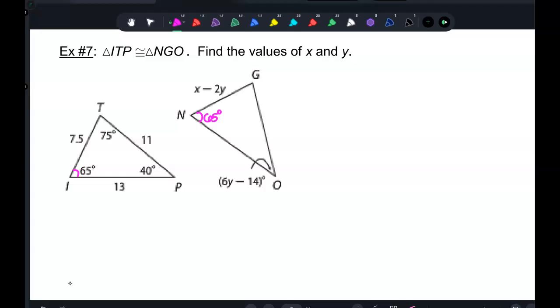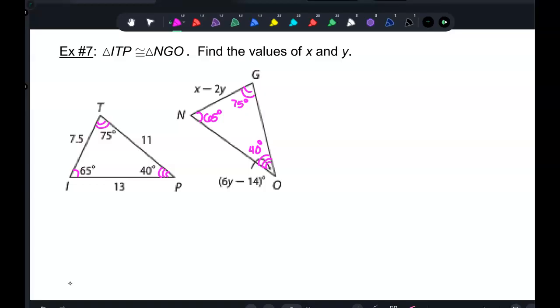Okay, T is 75, which has to match with G. So that's 75. And then angle P matches with, oh, so this is also 40 degrees. Wait, N is 65, right?